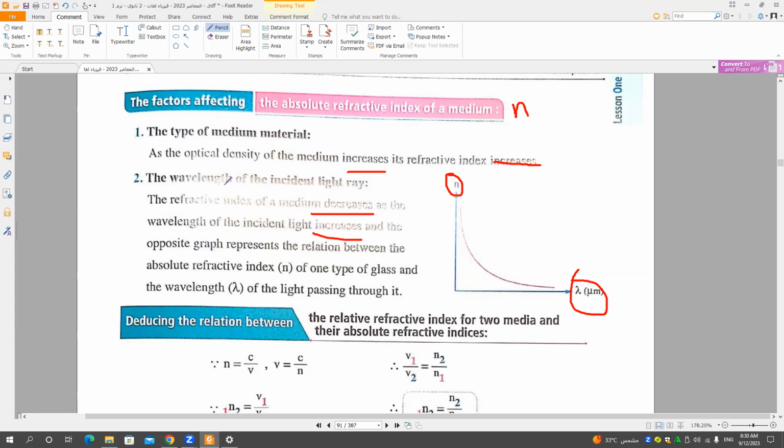The opposite graph represents the relation between the absolute refractive index n of one type of glass and the incident light ray. As the wavelength increases, the absolute refractive index decreases for the same medium.